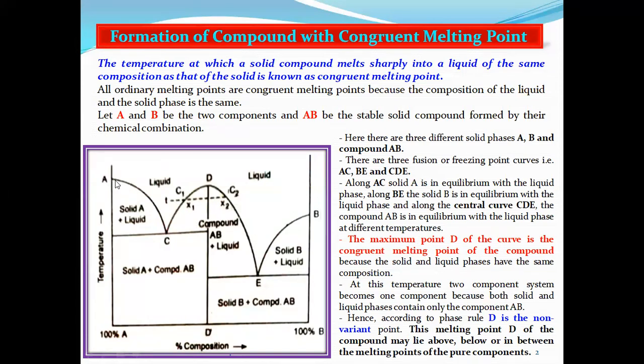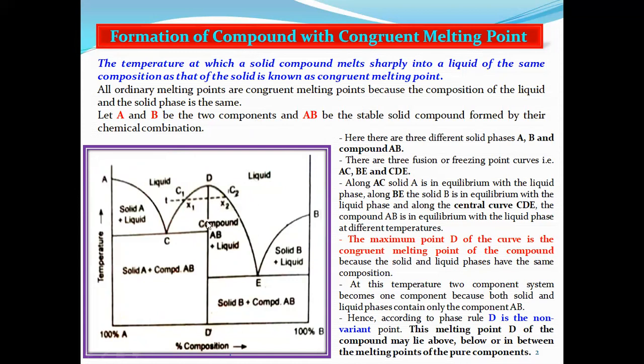Let A and B be two points which indicate two components, and AB is a stable solid compound formed by their chemical combination. So A and B are two pure components, and AB is the compound formed by their combination.